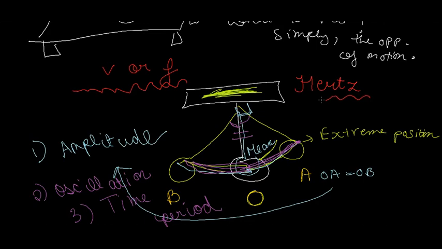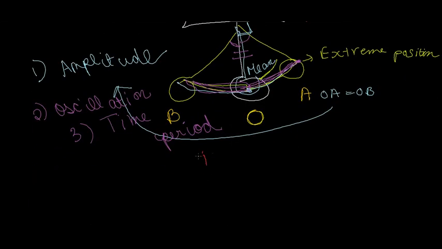Well, there's a fantastic relationship between the time period and the frequency of a pendulum, which I would be telling you, and that is the time period is equal to 1 divided by its frequency. Now let me give you an example.